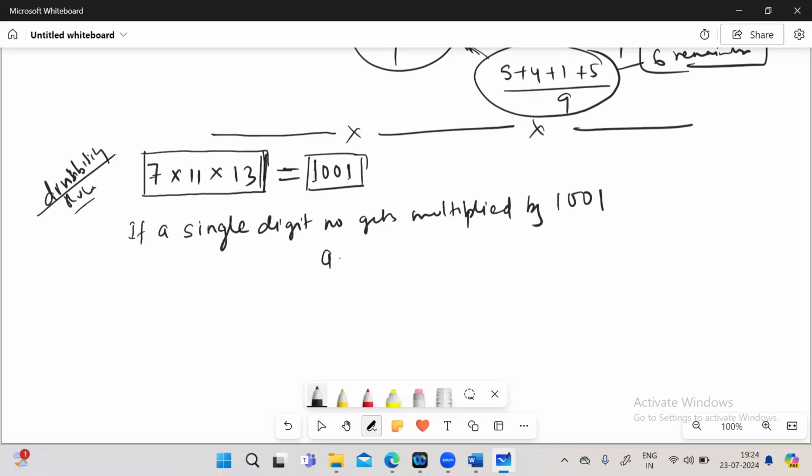So A into 1001, you will get A00A. So 9 into 1001 will give you 9009.